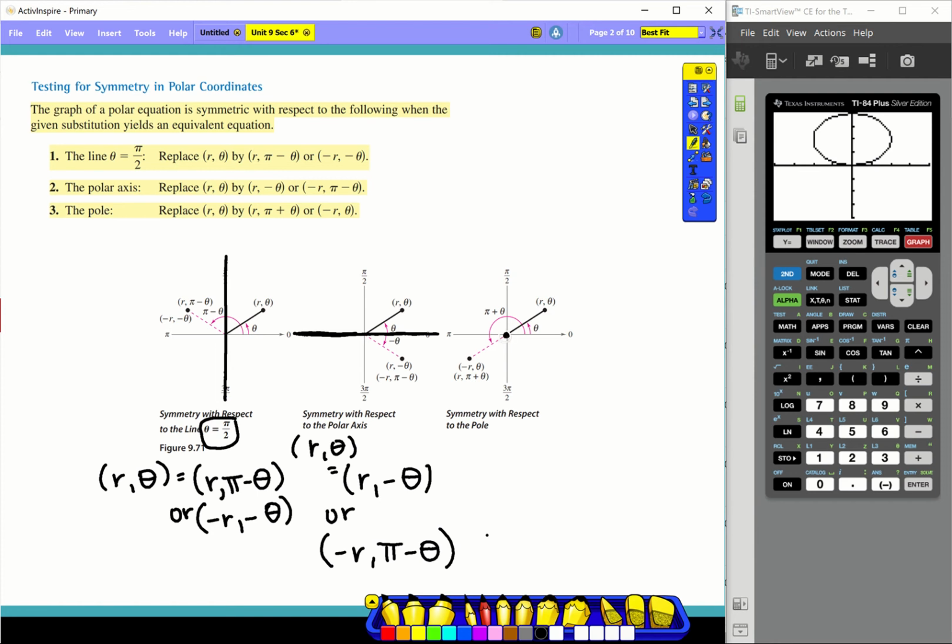Remember, the pole is this dot right in the middle. Now if we get an equivalent equation when we use r, plus theta or minus r, theta, then it is symmetric with respect to the pole.